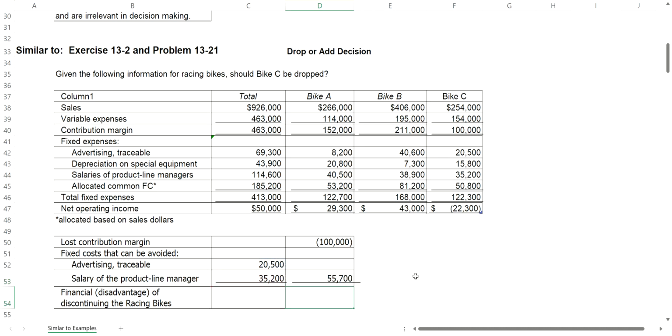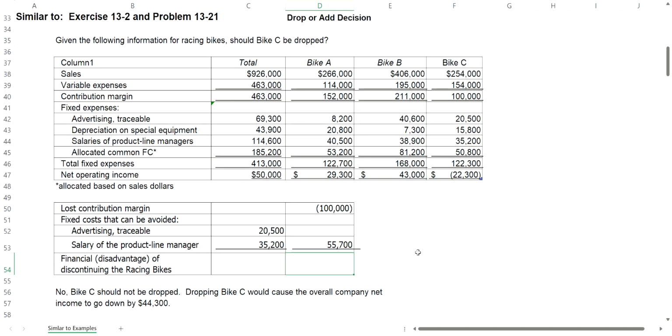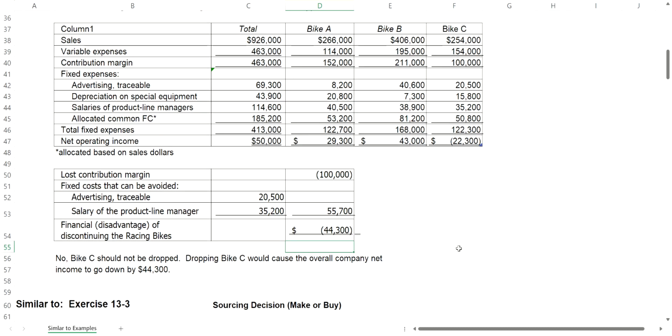So if we eliminated Bike C, we would save in fixed cost $55,700. Now remember, we would lose $100,000 in contribution margin. So I'll start with a negative $100,000, add the $55,700 that I would save in fixed cost, and notice that I still have a negative $44,300.